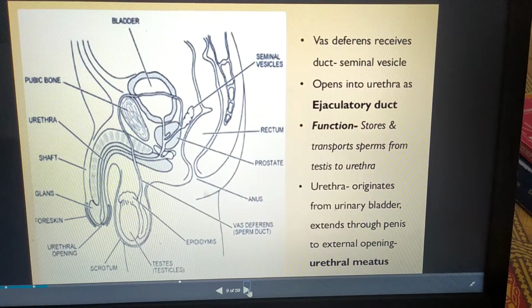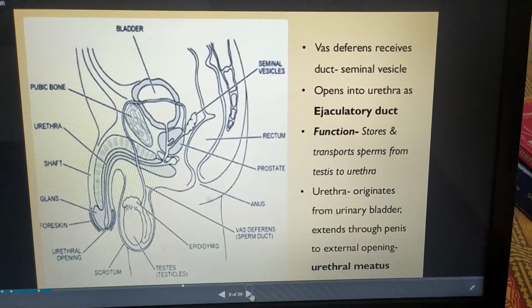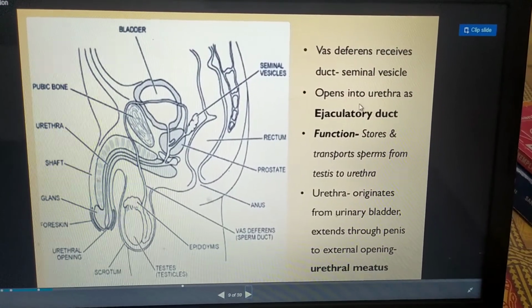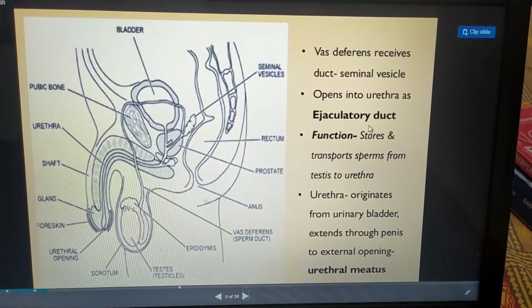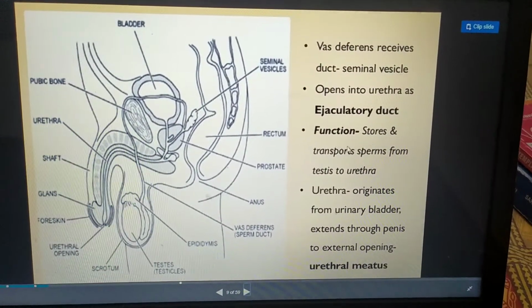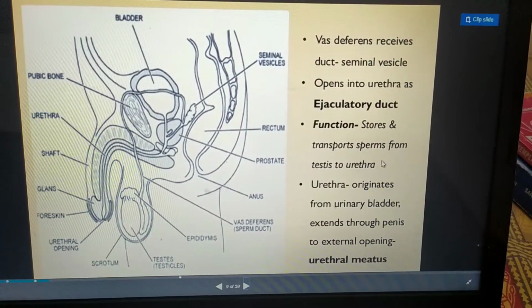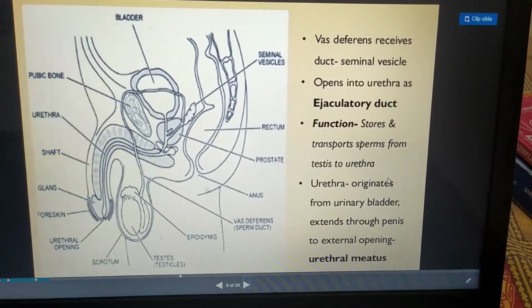Now this vas deferens receives a duct from the seminal vesicle, which opens into the urethra as the ejaculatory duct. Now what is this ejaculatory duct? The function of this ejaculatory duct is to store and transport sperm from the testis to the urethra.